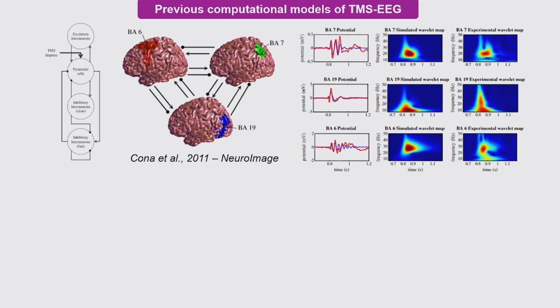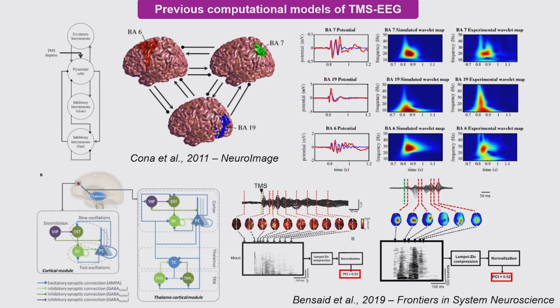For example, this study was simply fitting the time-frequency plot of three areas when they inject the stimulus, and there was another study where they were measuring the PCI, which gives you a measure of complexity. And they were showing a good fit between the simulation and the empirical PCI. But these two studies were great, though they were not really showing the spatiotemporal dynamics of the TMS-evoked potential.